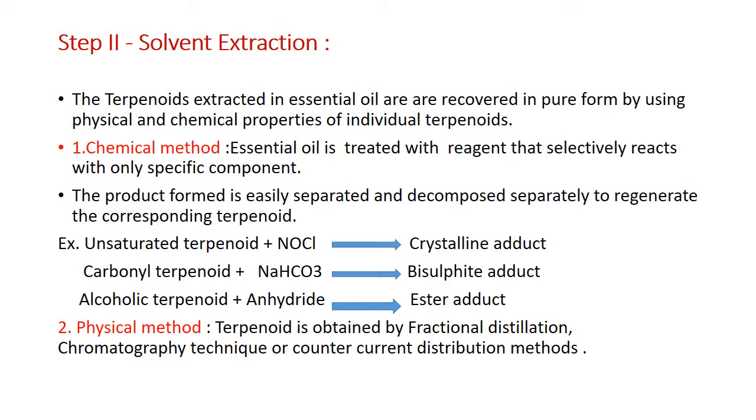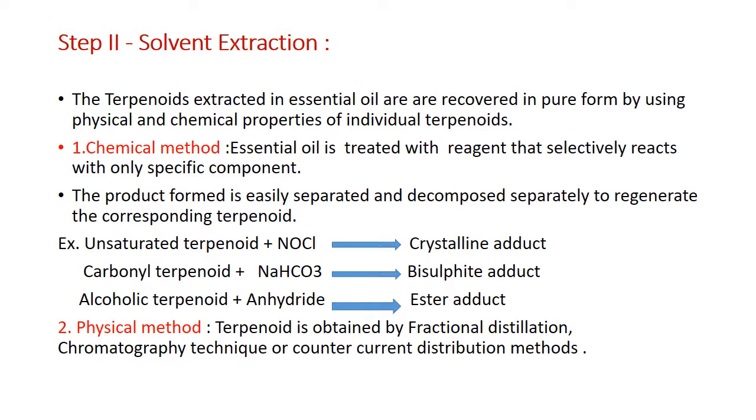In the chemical method, the essential oil is treated with a reagent, and these are reagents which selectively react with only that specific compound, the terpenoid. Select specific reagents to identify the functional group present in that terpenoid.